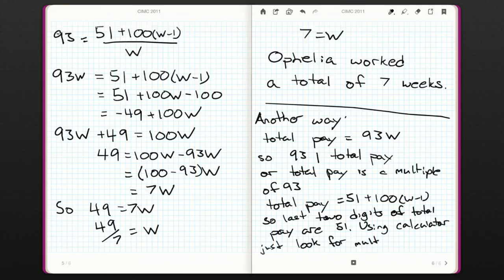We can just look for multiples of 93 ending in 51. And there's a way we can just plop that on with our calculator. We get our calculator handy. We do 93 plus 93.